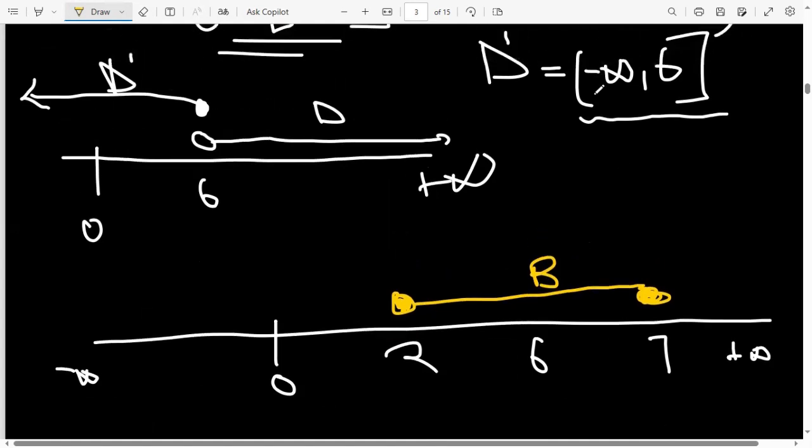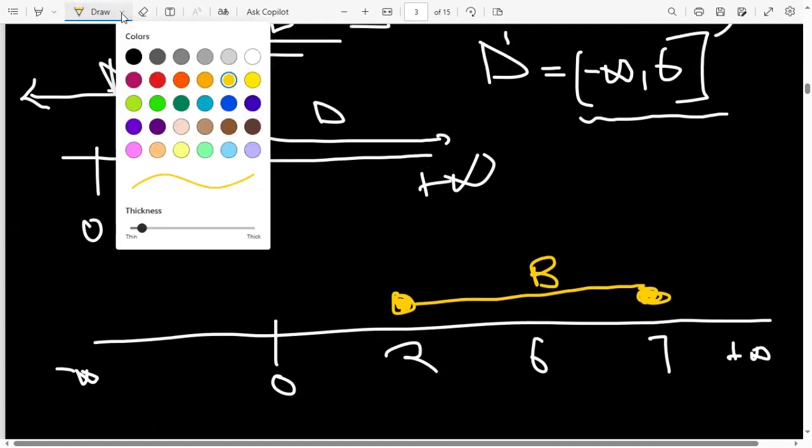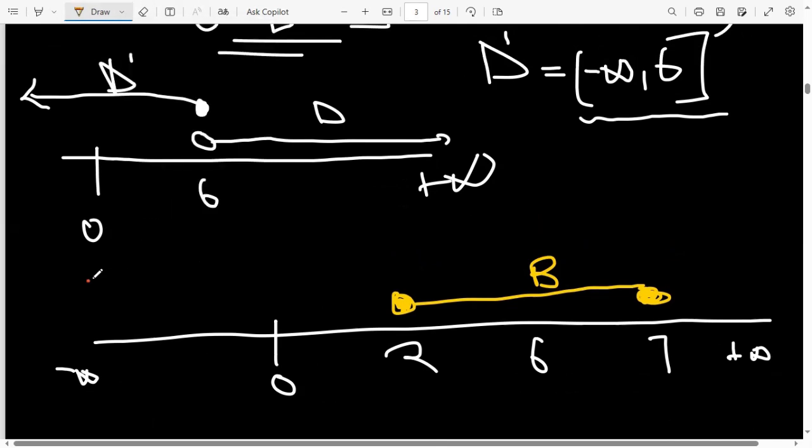Remember we found it was minus infinity all the way up to 6. So that's what we're going to shade there. I'm going to the left side like that all the way to minus infinity, and here I'm ending on positive 6. This here is our D complement.